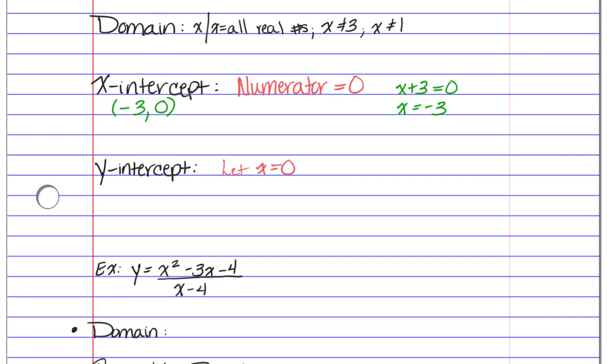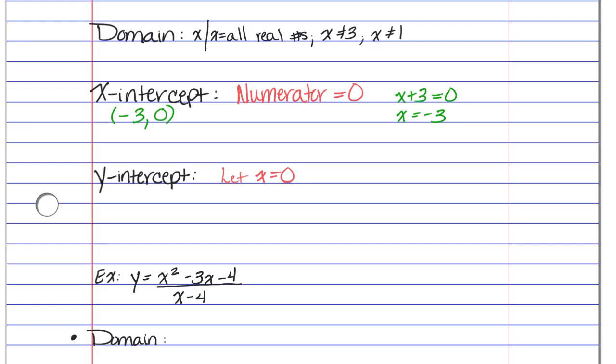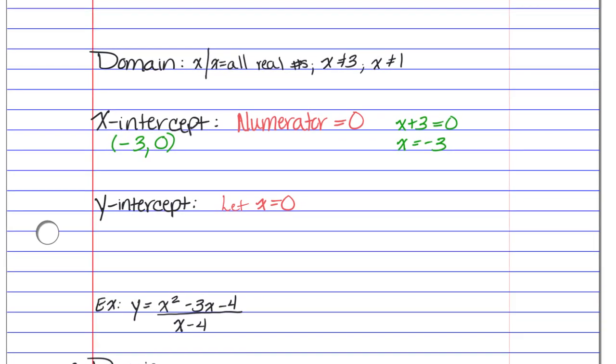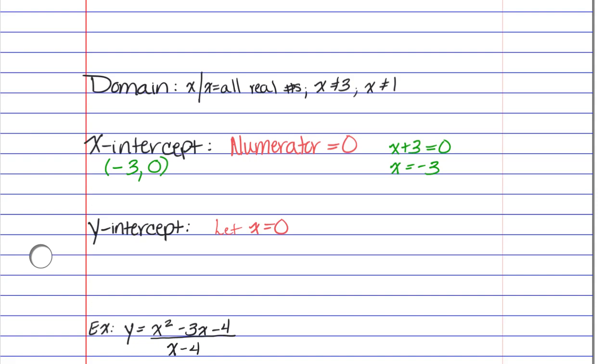And my y-intercept is where the input value is 0, so I want to see what my output value is. I take my function, y is equal to x plus 3 divided by x minus 3 times x minus 1, and I simply put in a 0 where all of the x's are, because my y-intercept occurs when my x value is equal to 0.